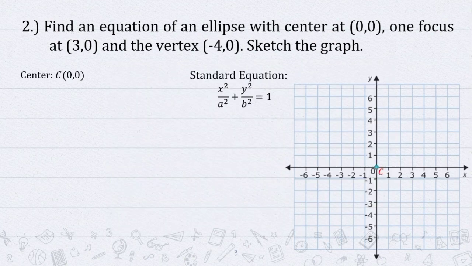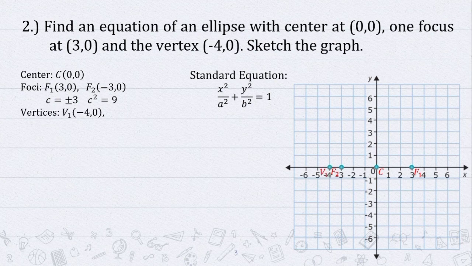Now, since the center is the midpoint of the foci, the vertices and the covertices, if one focus is at 3, 0, automatically the other focus is at negative 3, 0. Each of our focus is 3 units away from the center. Therefore, our c here is positive or negative 3, which means that our c squared is equal to 9.